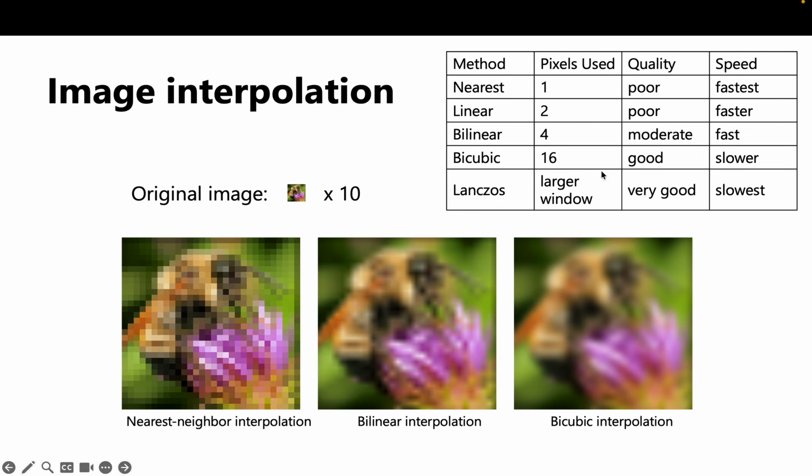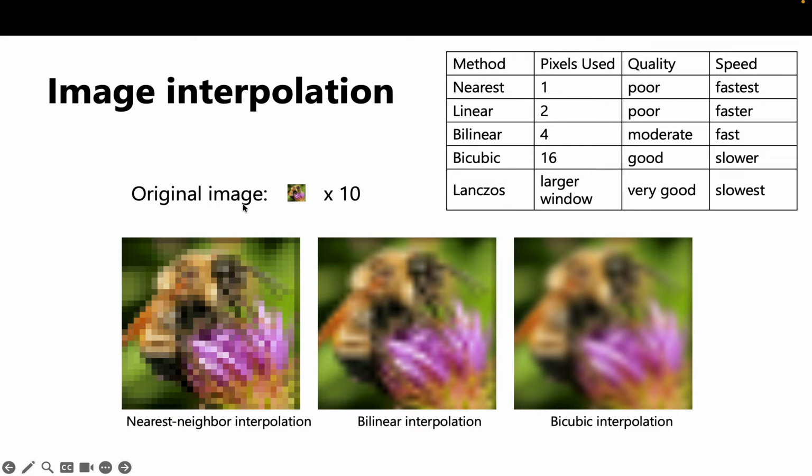This is a summary of the different methods: nearest neighbor interpolation, linear interpolation, bilinear, bicubic, then Lanczos, which is with a larger window. When the quality gets better, the speed gets slower.